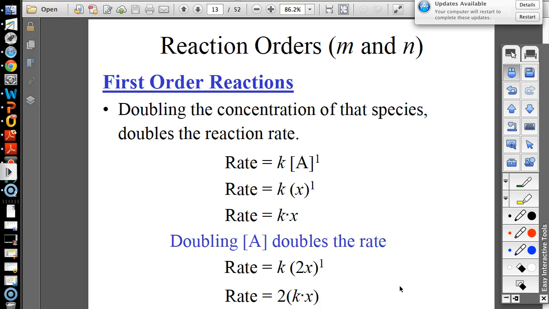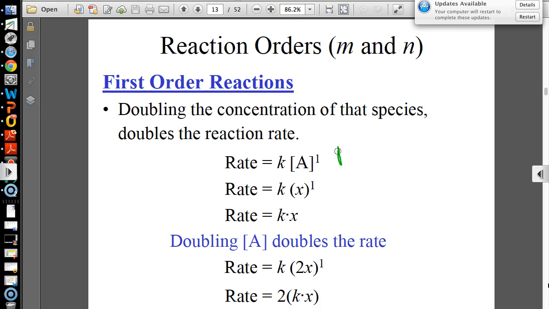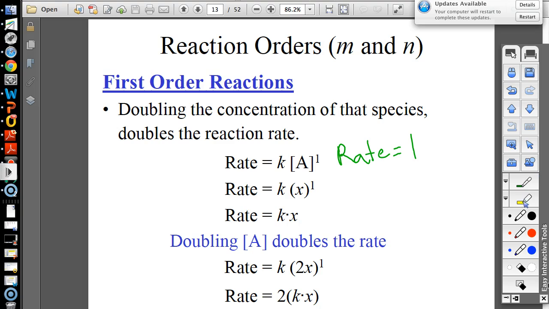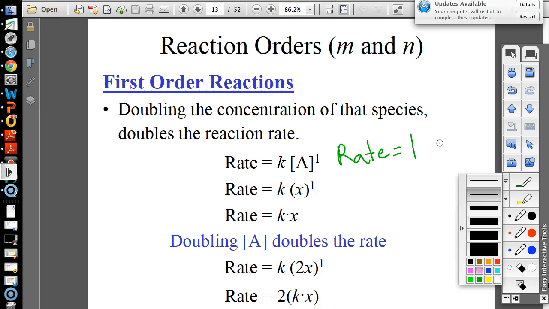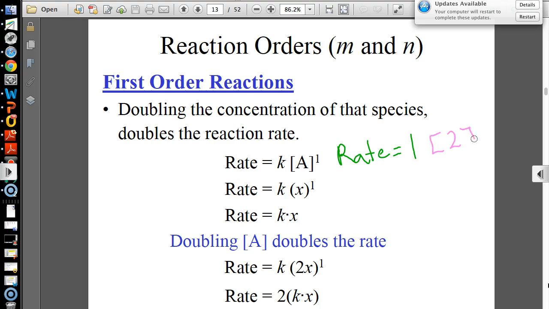If I double this concentration, I'm going to double the rate. Let's give these some numbers. Can we leave K 1? I like 1. If my concentration is 2, then my rate is going to be 2.